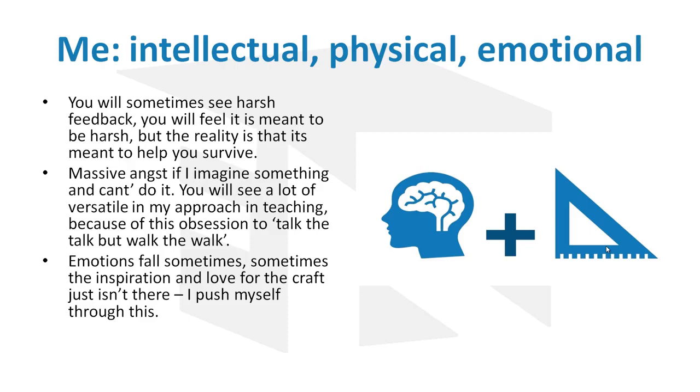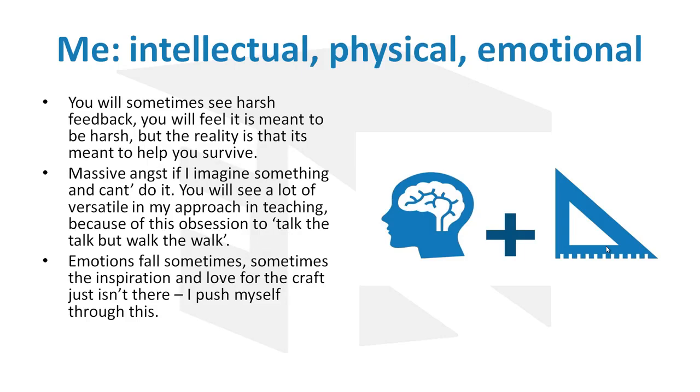And just a bit about me really fast. I'm intellectual, physical, and emotional. So you kind of see a bit of the obsessive focus on the intellectual part, which is good. The physical is about really taking action, like getting skill sets and skills.